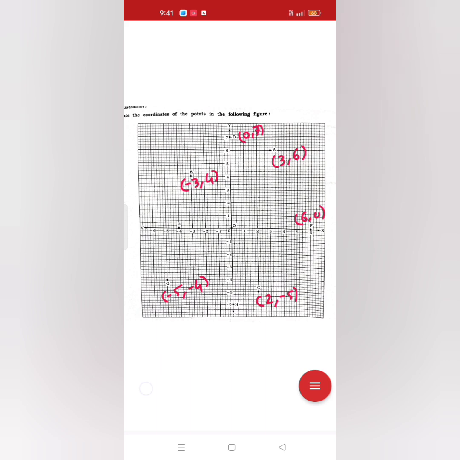Point B lies on the x-axis, so it is (-4, 0). Point H lies on the y-axis. On the y-axis, the x coordinate is always 0, so it is (0, -6).